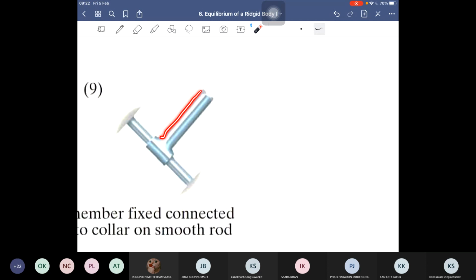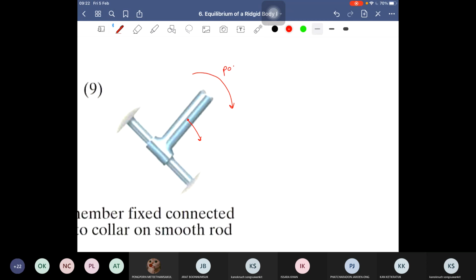If this slot is placed like in these figures, the tendency of rotation should be in this direction, right? Because of the weight.